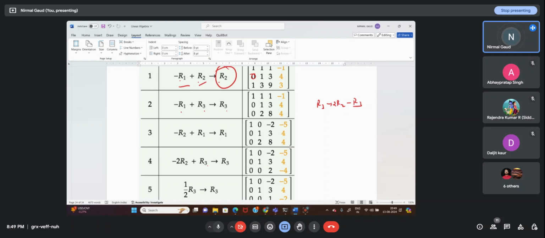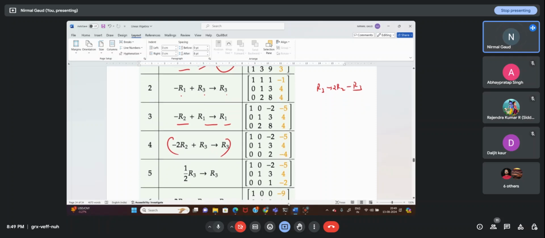They have used it here, so this one will also become 0. They use one more step, minus row 2 plus row 1 equal to row 1, so they made this one also 0. However, it's not mandatory for me to apply this transformation. Up to here is enough for me.